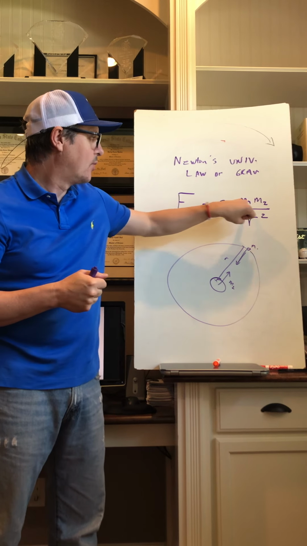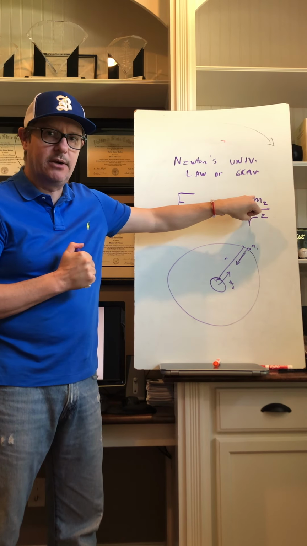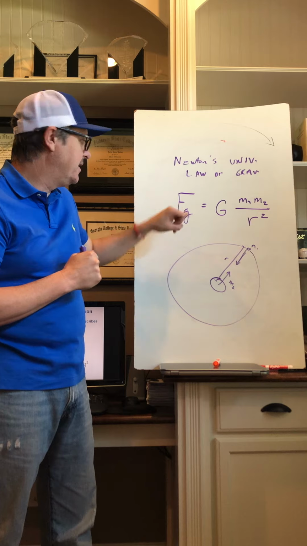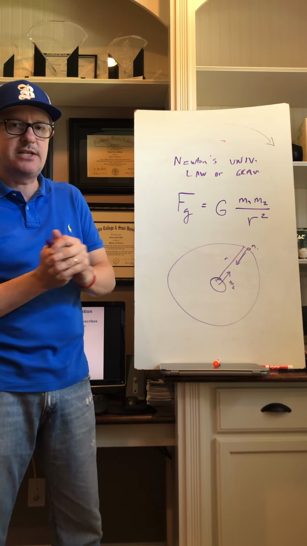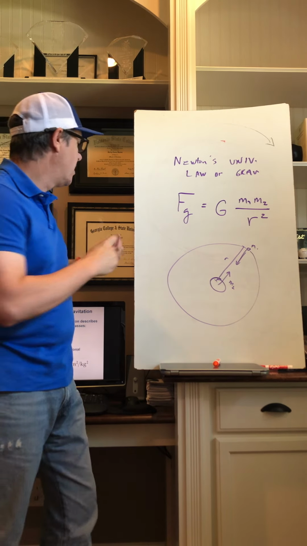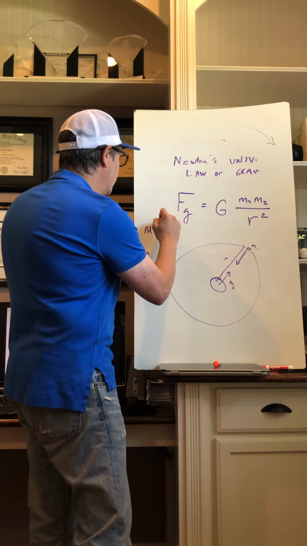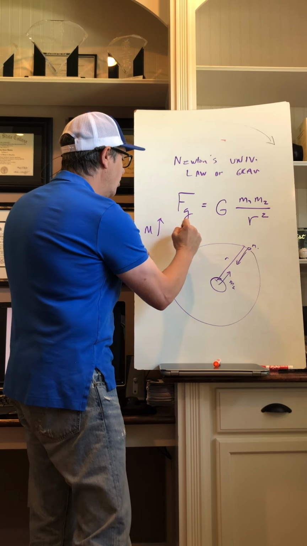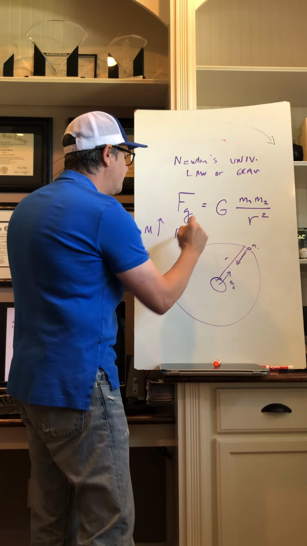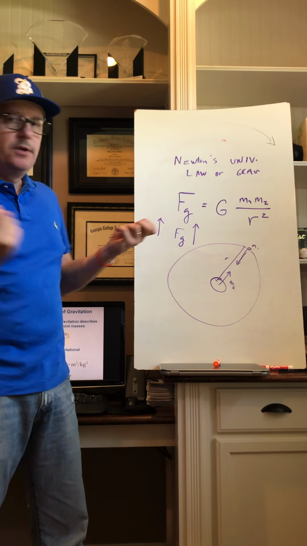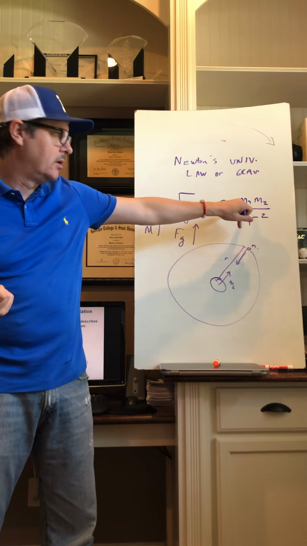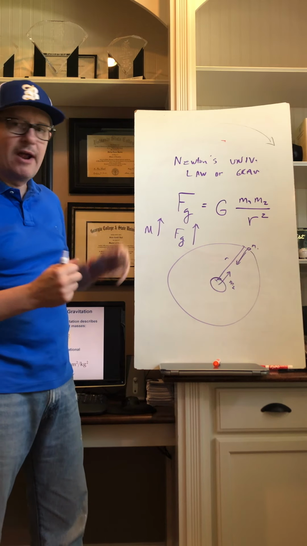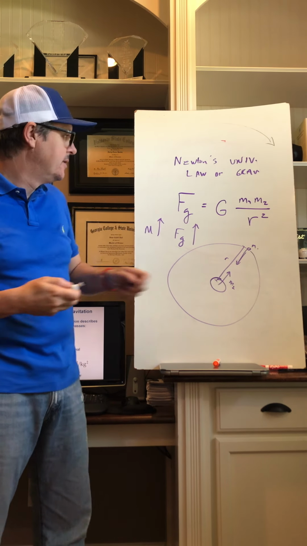If the numerator goes up, if that number gets bigger, that's not real hard math, then the gravitational force gets bigger. So that's directly proportional. As mass goes up, gravitational force goes up. So a direct proportion, not real hard. More mass, more gravitational force between the two objects.